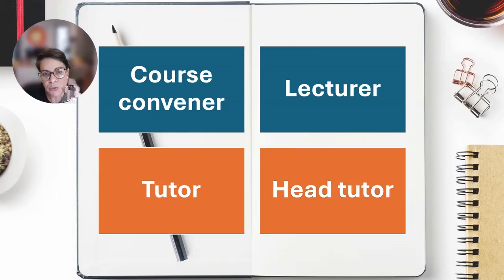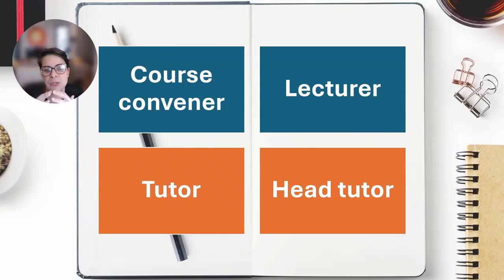And the head tutor: in courses that are very big, you will typically have a head tutor. So for example, I'm teaching a course now that is first year, first term, and I'm probably going to have 7 tutors.